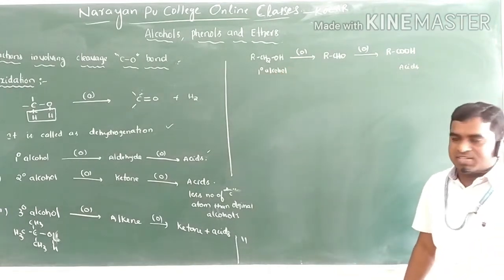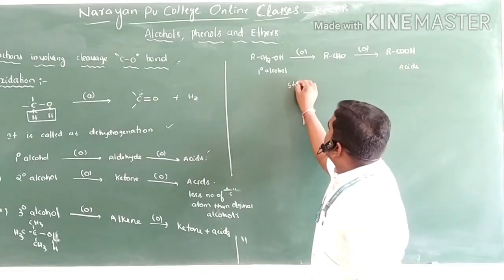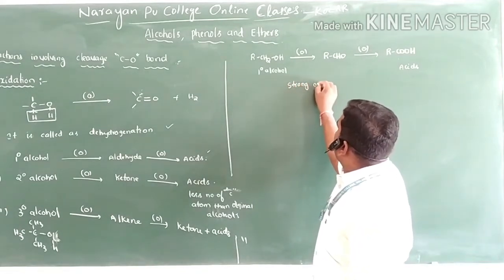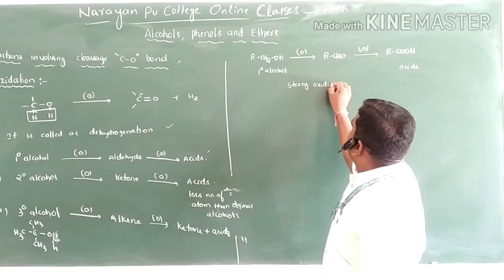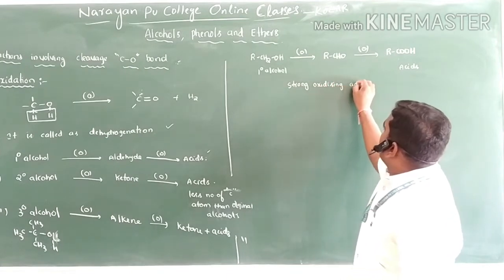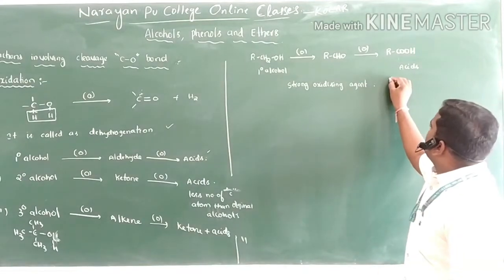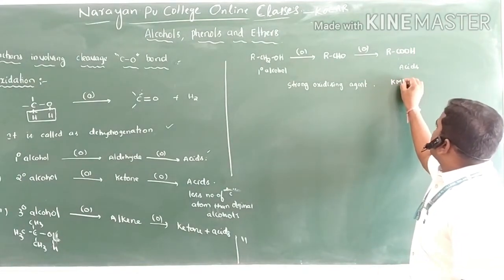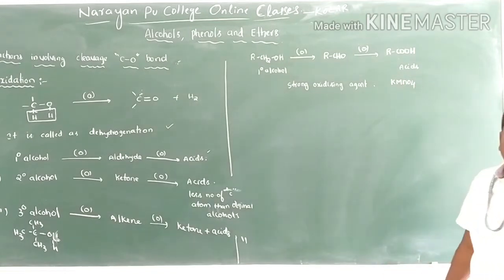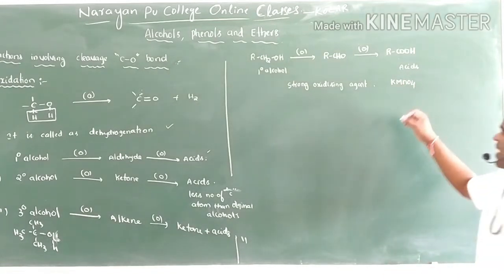What are those strong oxidizing agents? Here we can simply write KMnO4, potassium permanganate, in alkaline, neutral, or acidic medium.